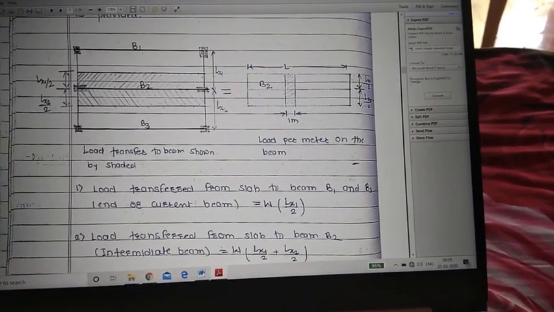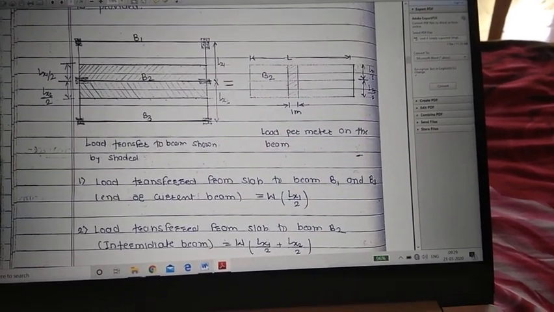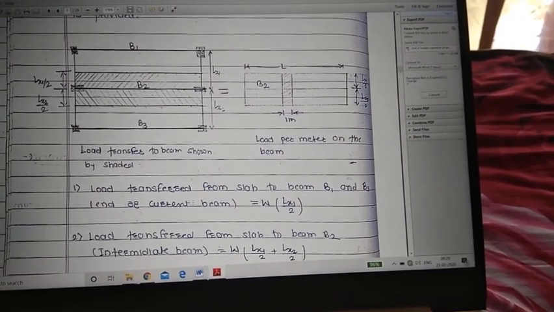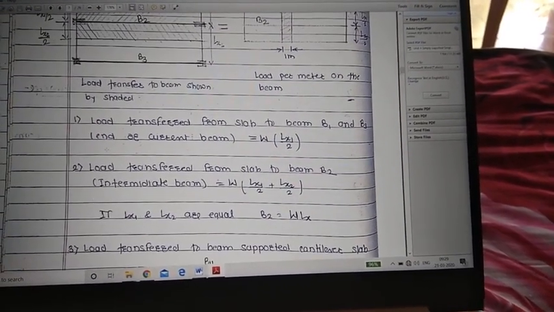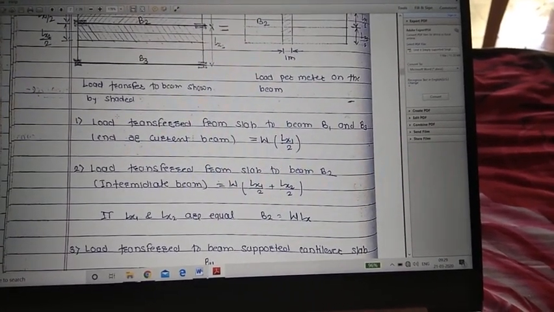Means load on these B1 and B3 beams is W into Lx by 2, and while calculating the load transferred to the B2 beam, the central beam, that load is W into Lx by 2 plus Lx by 2.